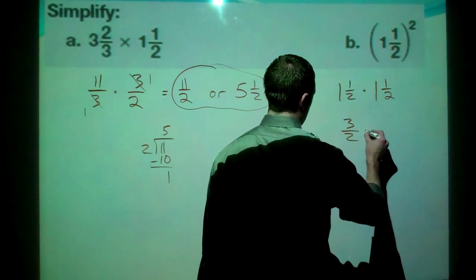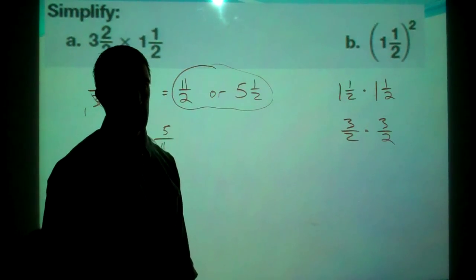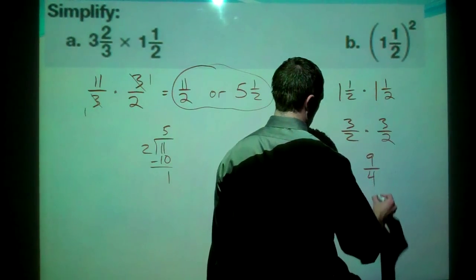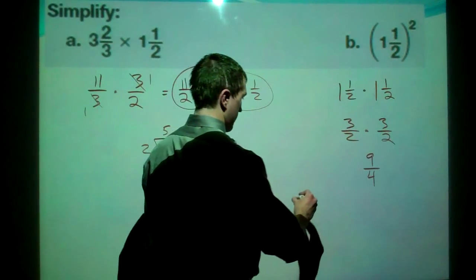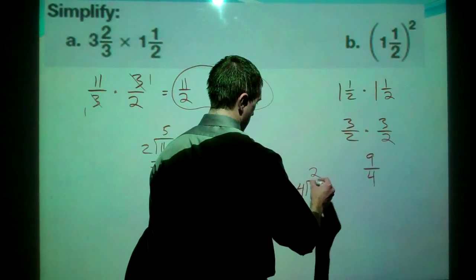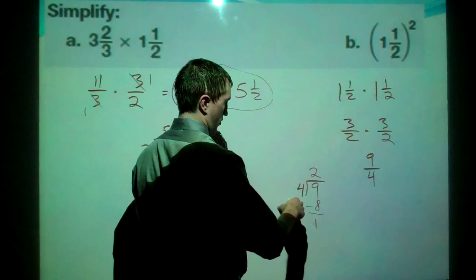So 3 halves times 3 halves. If we multiply straight through, we get 9 over 4. And 9 over 4 is the same as 4 goes in here twice, 8, subtract, 2 and 1 over 4.